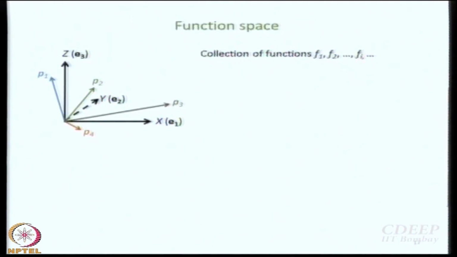And an example of function space is a collection of, say, the position vectors, p1, p2, p3, p4, are the colors showing up? I do not see them very well. Achha. And what we have done is we have drawn these position vectors in 3-dimensional space x, y, z, and the unit vectors, the base vectors are e1, e2, e3 as usual.